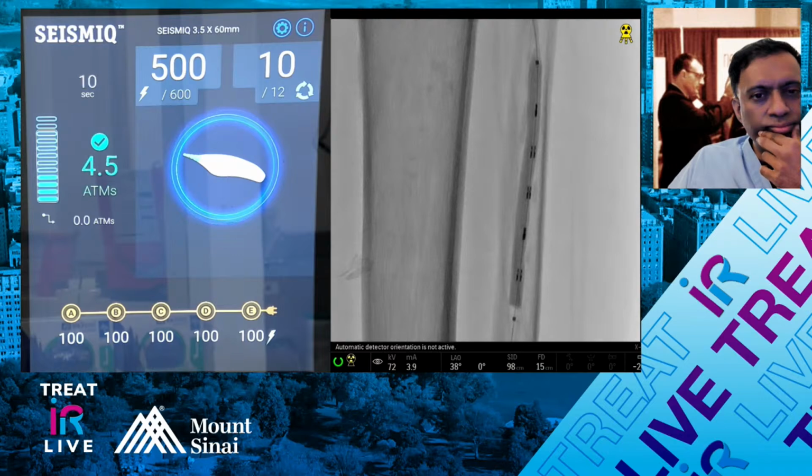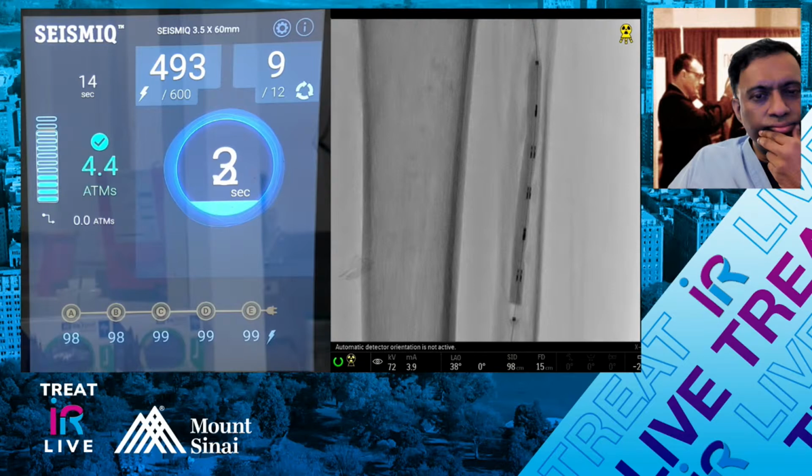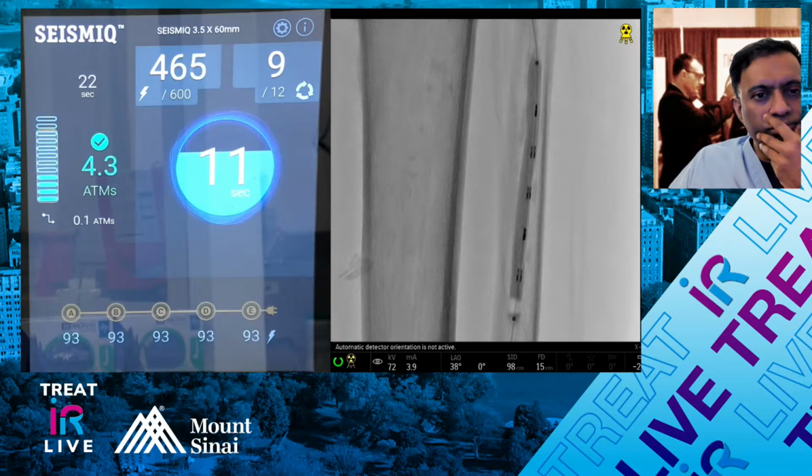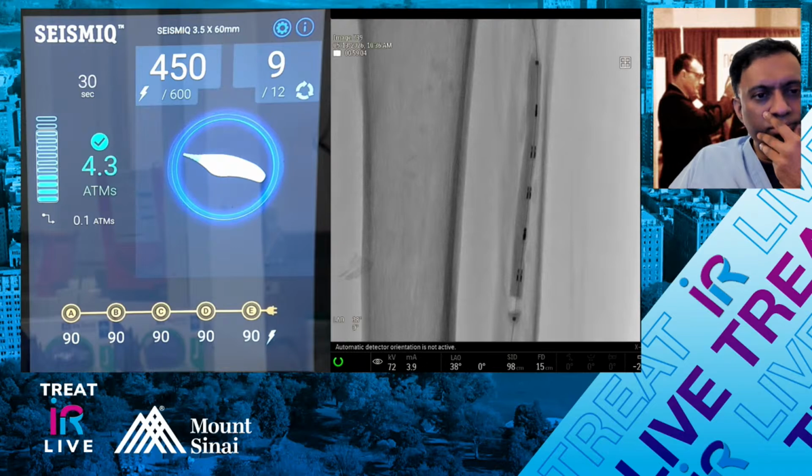Now, what'll be interesting to see is how the atmosphere changes as you turn this on. And you're seeing the pressure's dropping a little bit. All right. And that gives you real-time feedback as to whether you're changing the compliance of the vessel. And we've seen that. Let's do one more activation here.